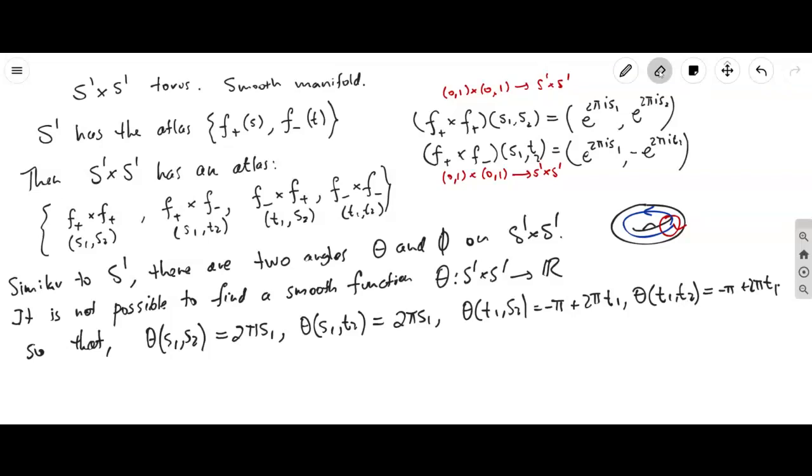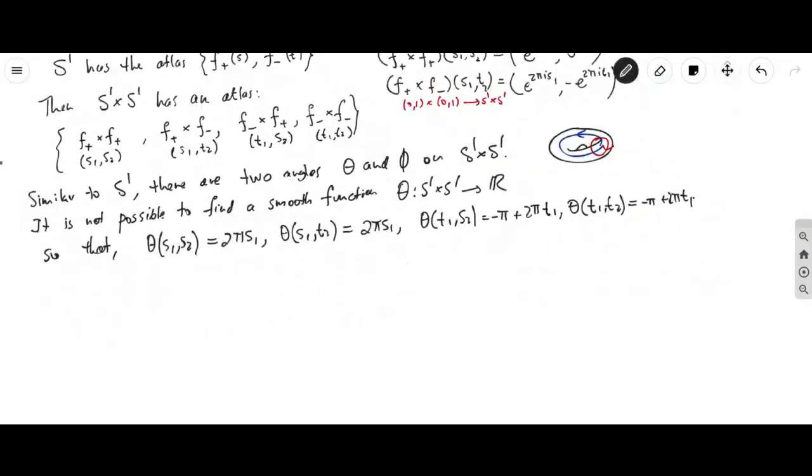The reason for this is because, as we saw, this does not define a coherent family, because the way you change coordinates from t1 to s1 is that t1 is either s1 plus a half or s1 minus a half, and depending on which one you pick, the change of coordinates will not be consistent. So you can define theta smoothly on each one of the four charts, but not globally as a smooth function on the entire circle.